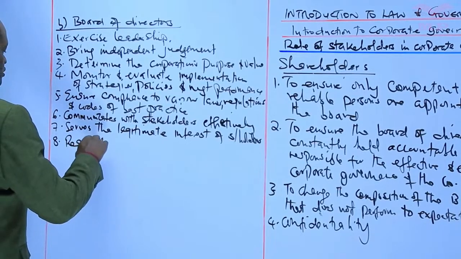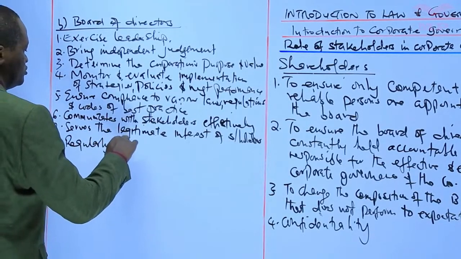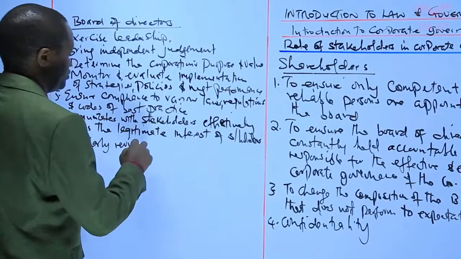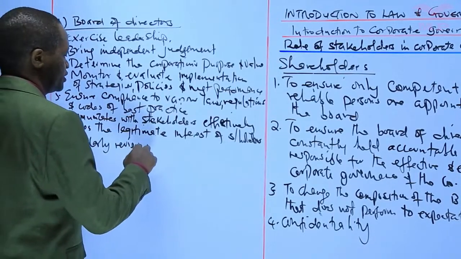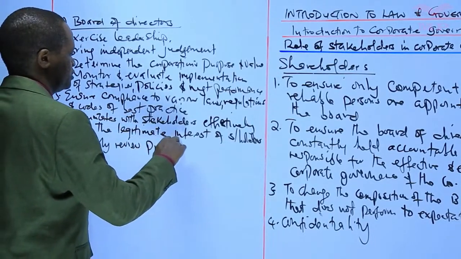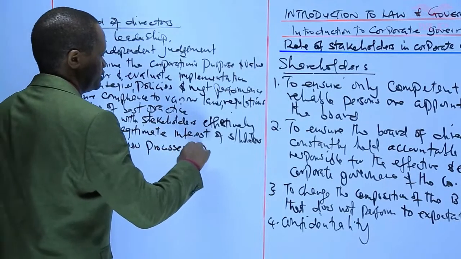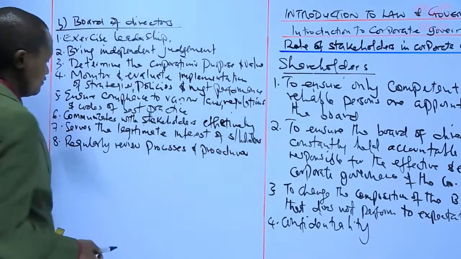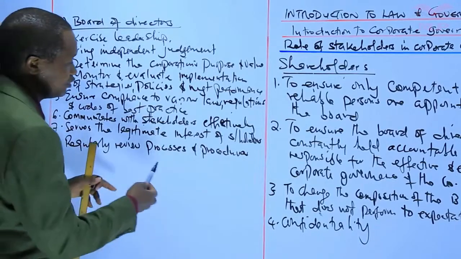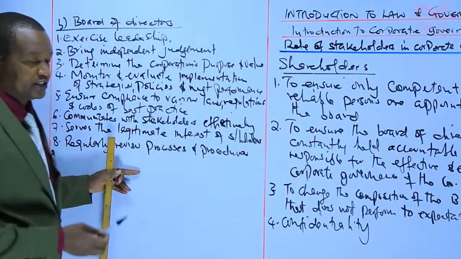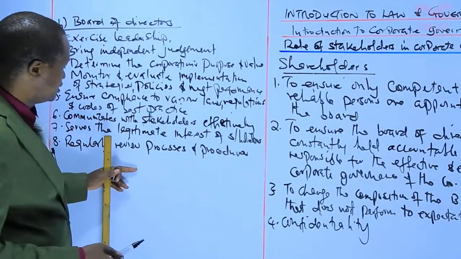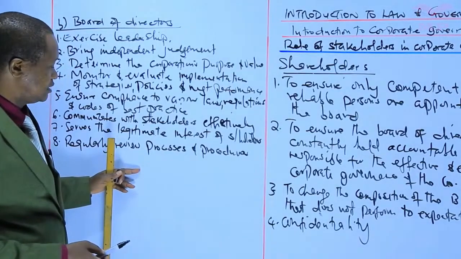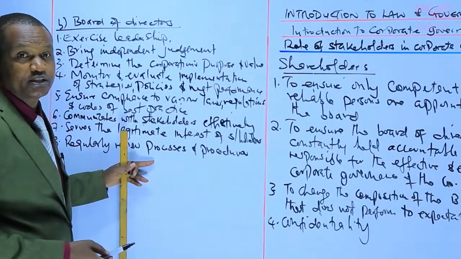Regularly review processes and procedures. Board of directors have a role to regularly review processes and procedures. And why should the board regularly review processes and procedures?